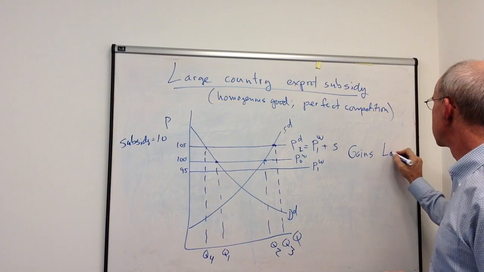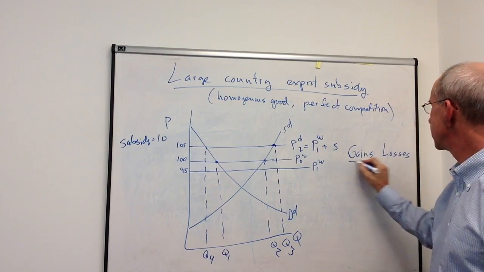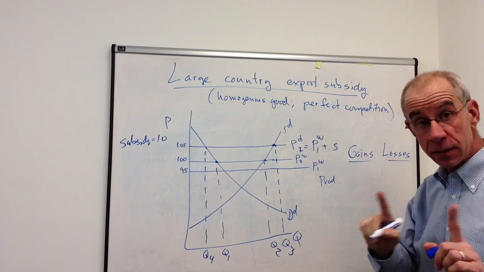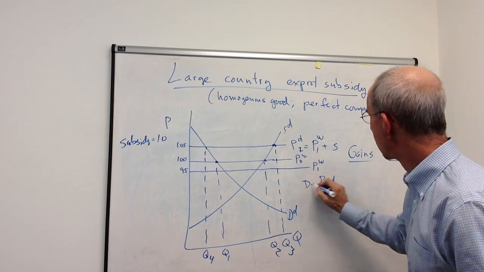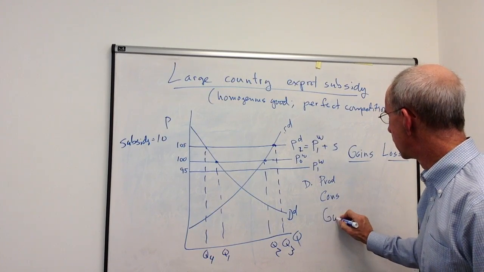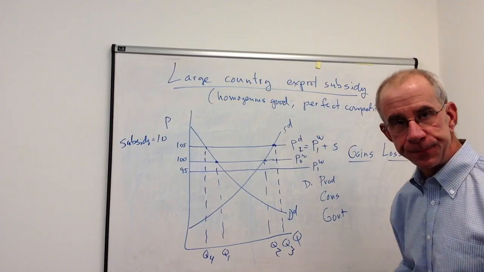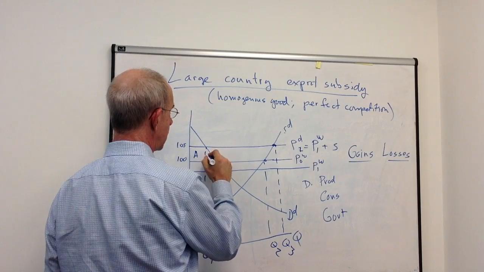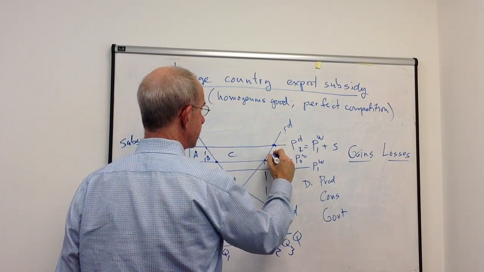And now we have all of these different effects that we need to take into account. We've got gains, we've got losses, and we're going to be doing this from the standpoint of domestic consumers, producers, and the government. So let me put some letters in here.